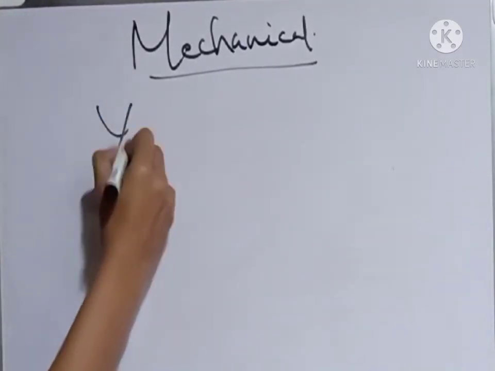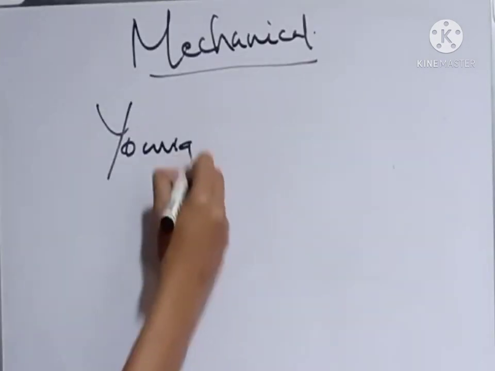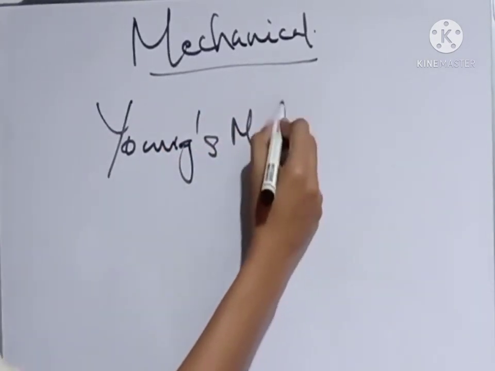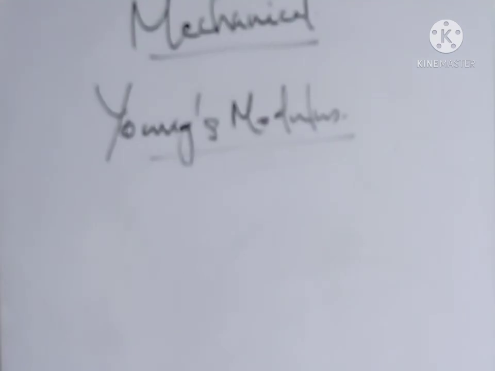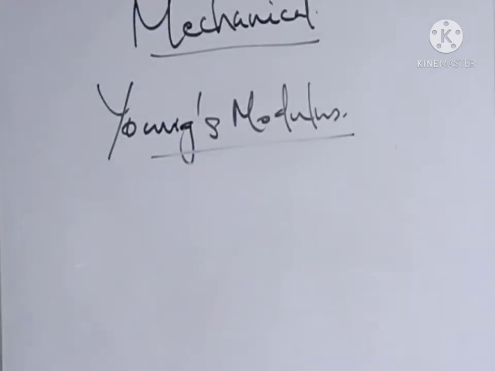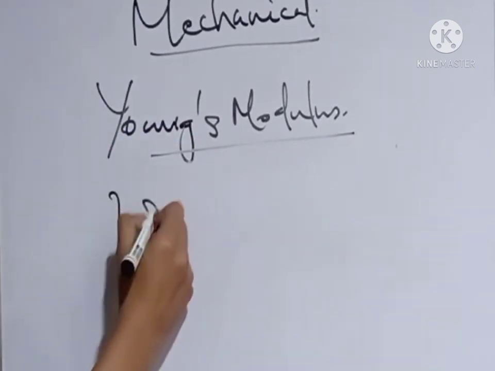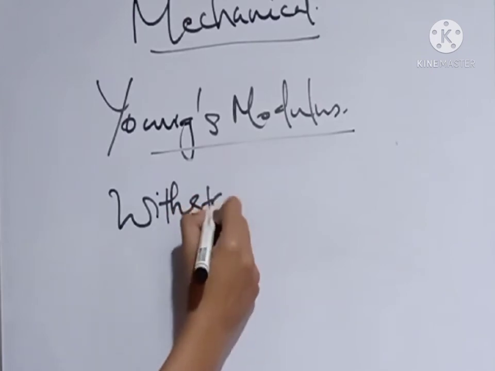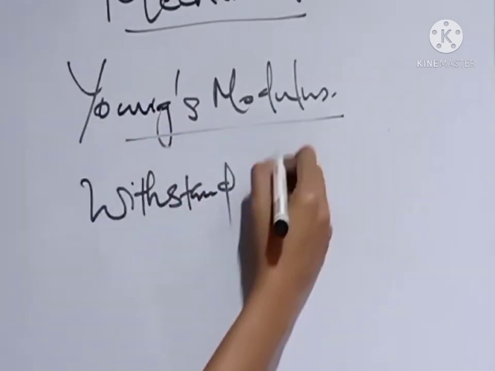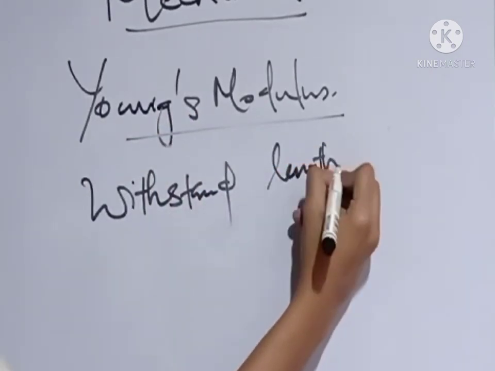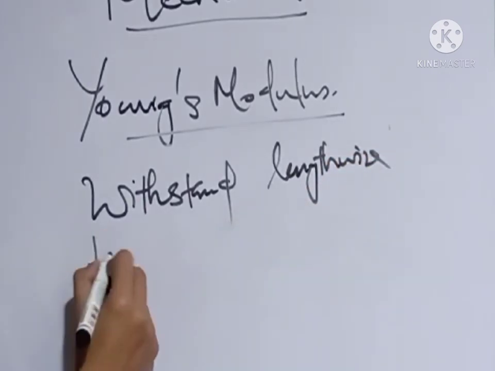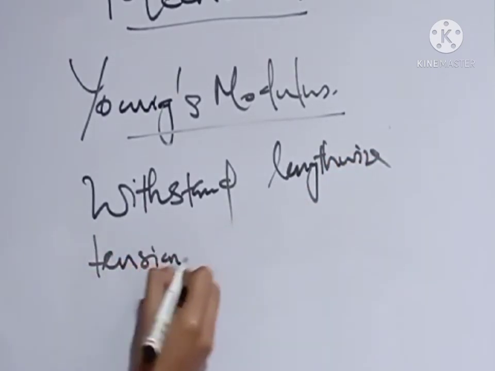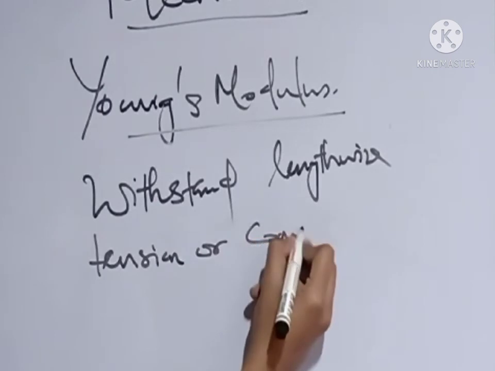Then what about the Young's modulus of nanomaterials? Young's modulus is the measure of the ability of a material to withstand lengthwise tension or compression.